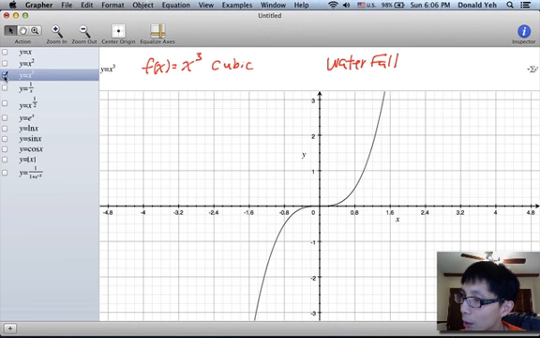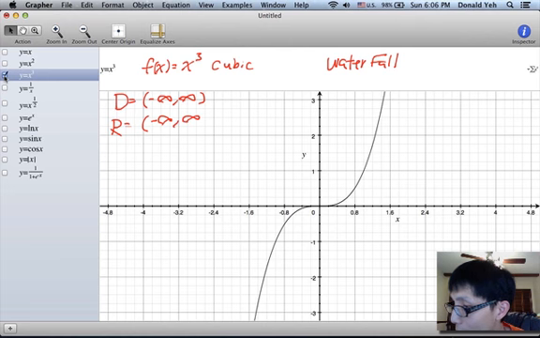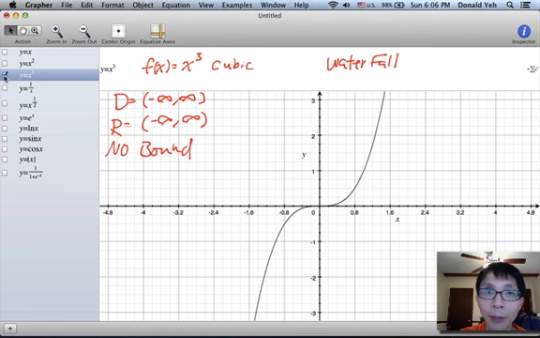And you can tell me the domain and range on this one. Domain is, again, all real numbers, and range is, again, negative infinity to positive infinity, because it has all the values. There is no bound. There's no bound here by looking at the graph. And you can tell me whether it's an even or odd function.